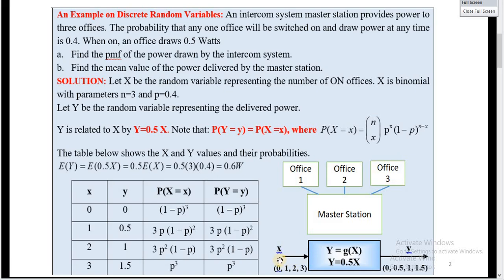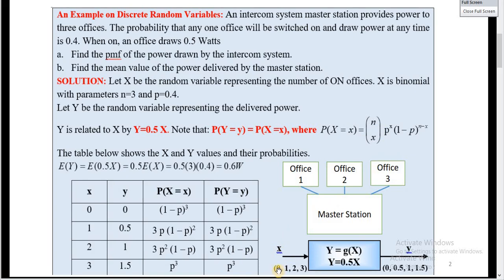So far we have found the probability mass function of the random variable x. X assumes the values 0, 1, 2, and 3, and the probability mass function of x follows the binomial distribution.